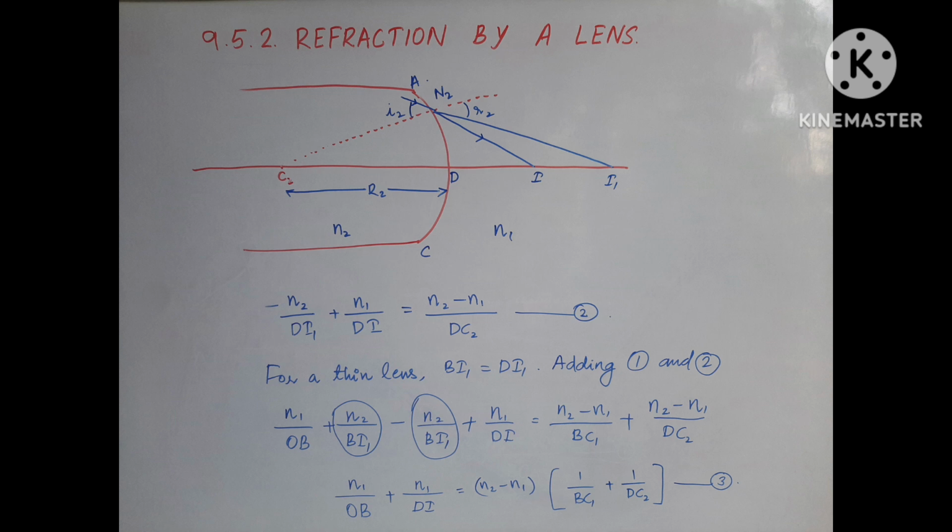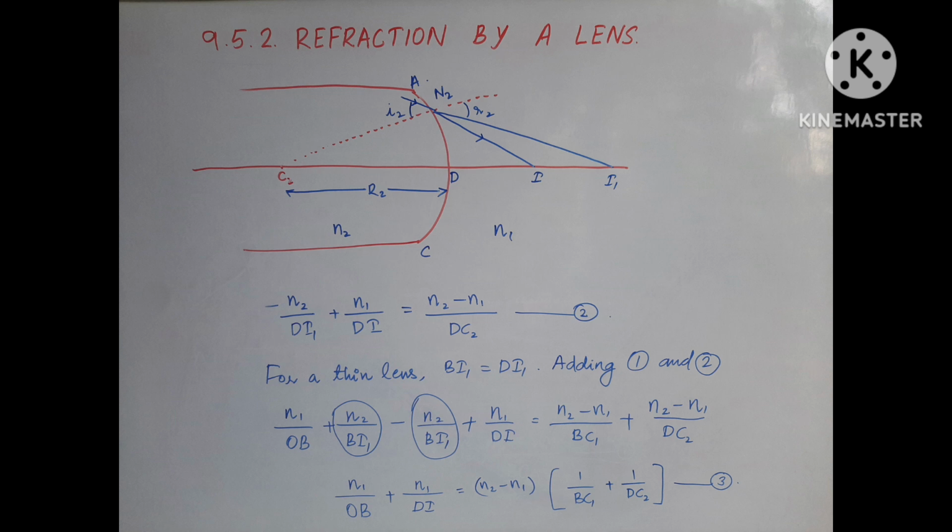So this is the second medium, ADC. For this second surface ADC, the object is I1 and the image is I. Here you imagine I1 is formed in the second refractive medium of the first diagram, so I1 is formed in n2.